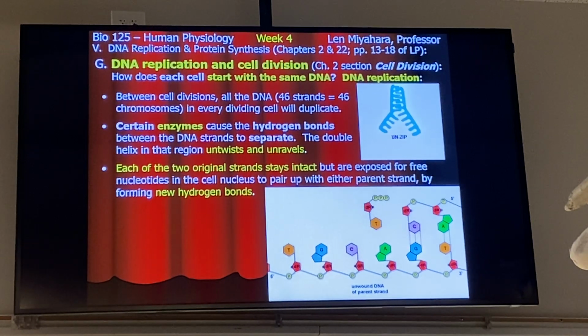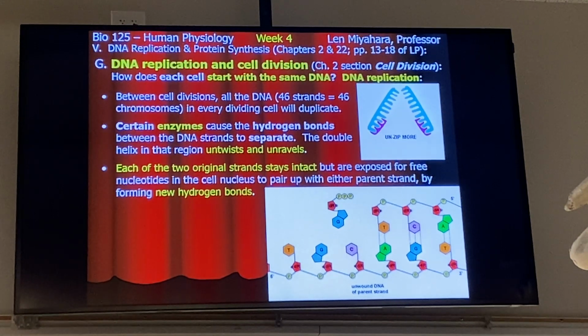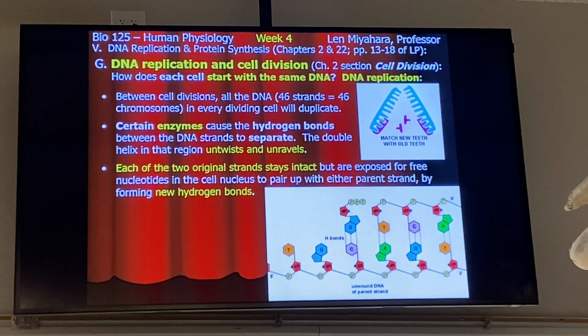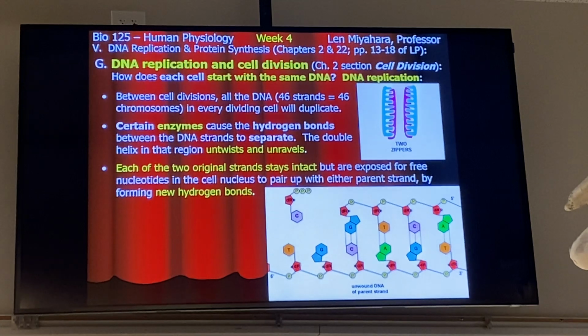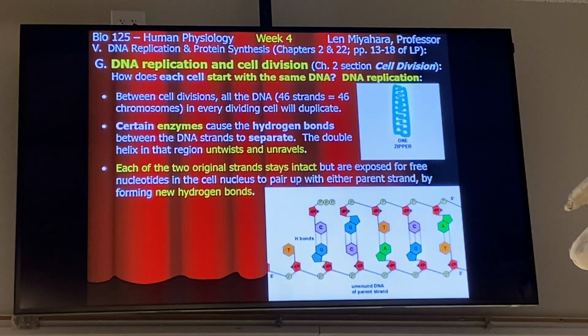Hydrogen bonds form first, then the covalent phosphodiester bond forms second. And notice also, these are all triphosphates. Can you see that? Which means to duplicate 3 billion base pairs is going to take your cell 6 billion ATPs.